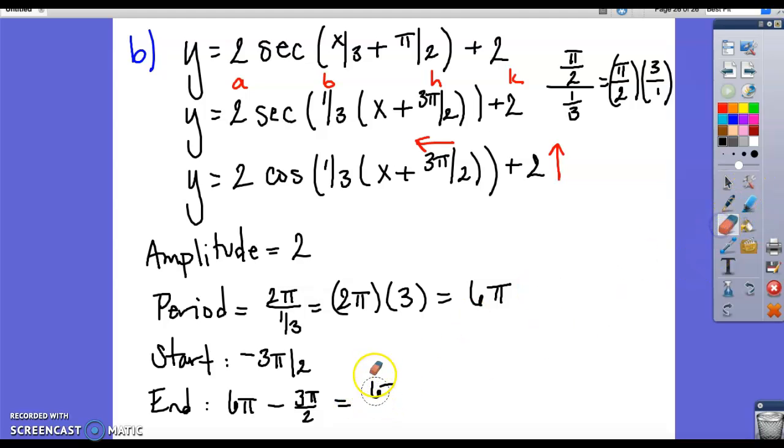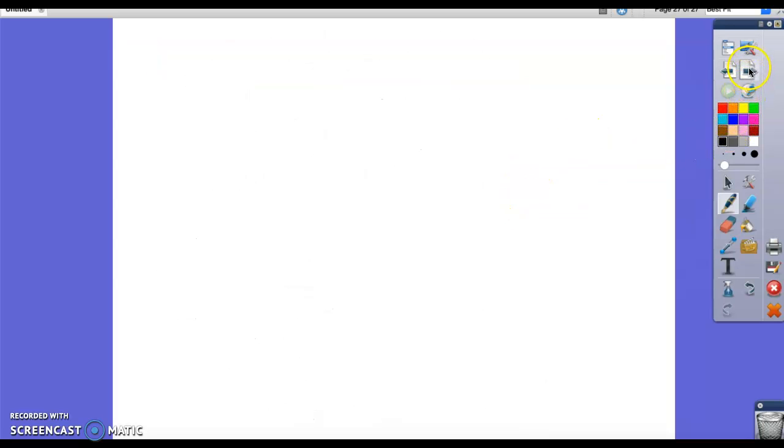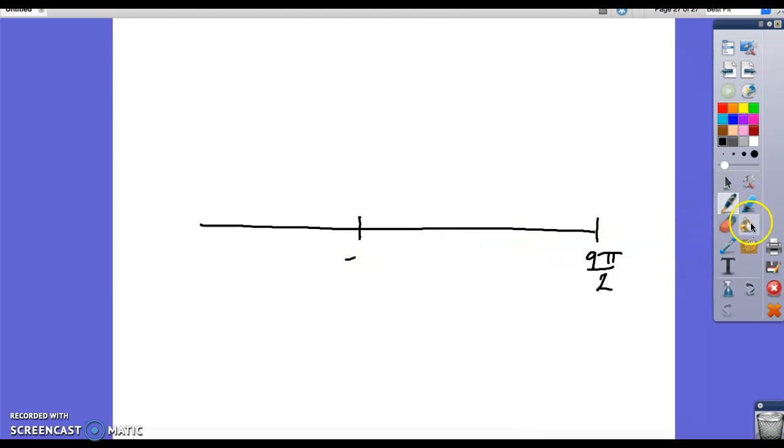So if I get common denominators here, that would be 12 pi over 2 minus 3 pi over 2, which is 9 pi over 2. So there's my start, and there's my end of the first period. It's ending at 9 pi over 2, and it is starting at negative 3 pi over 2.